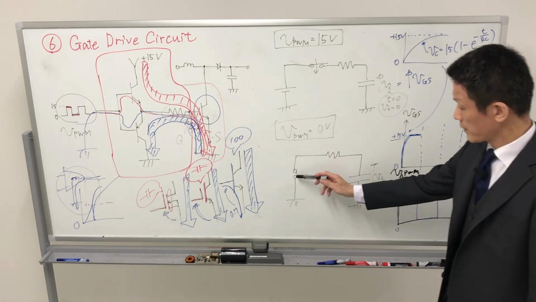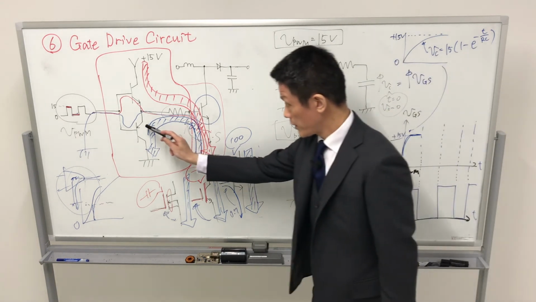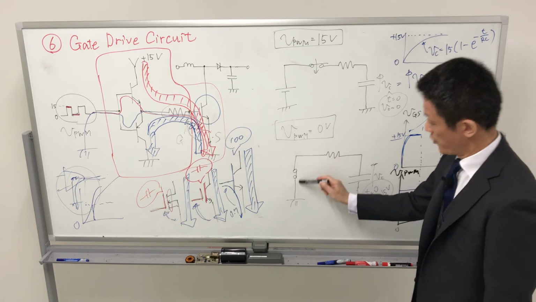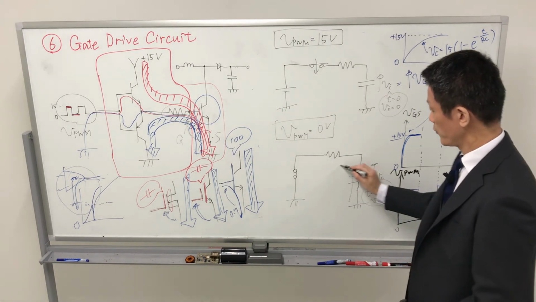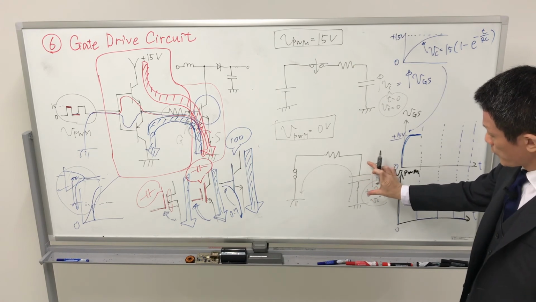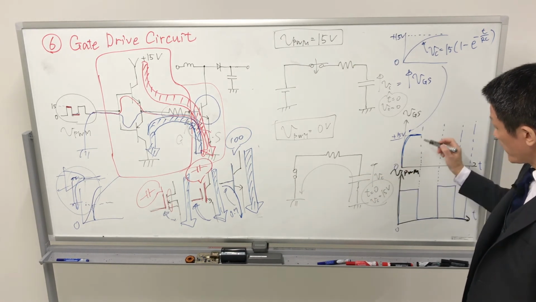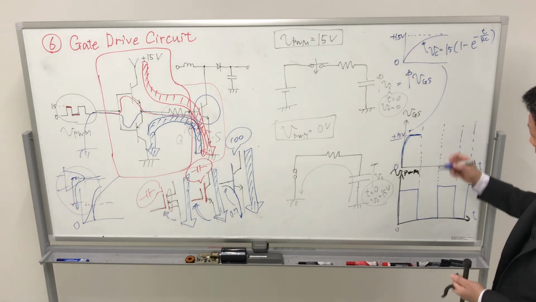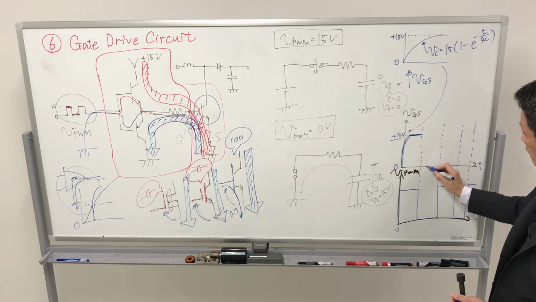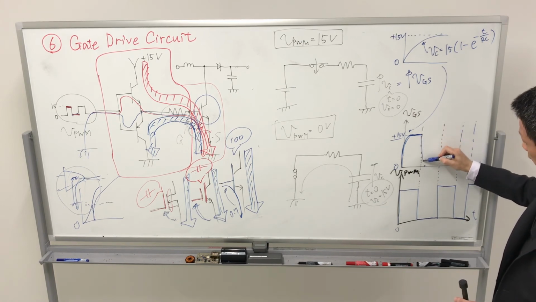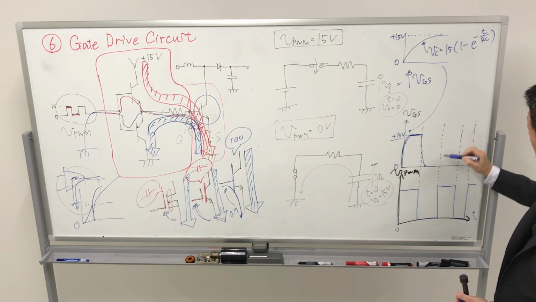And turn on this switch, current flows through here. The gate source voltage gets lower and lower: first 15 volt, lower, at T equals infinity, 0.